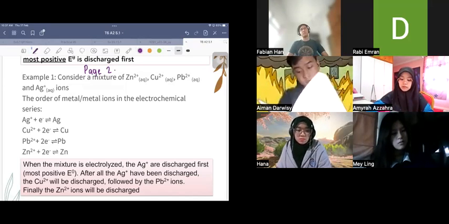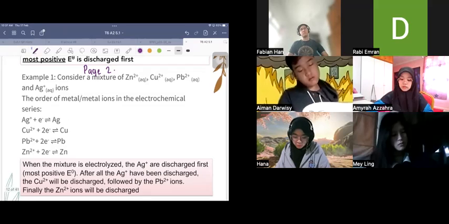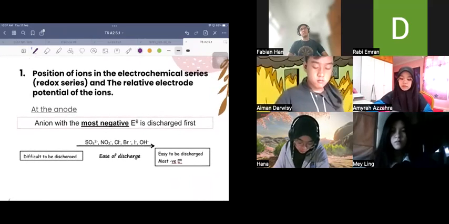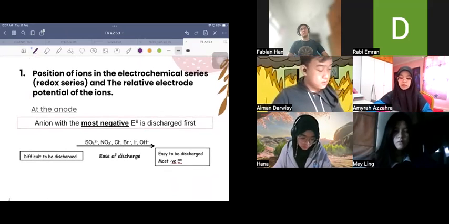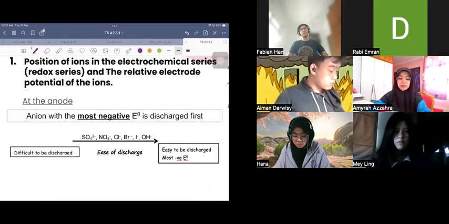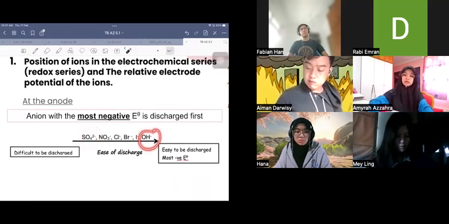Okay, so that's for your positive ions, your cations. Your anions will go to the anode, which is the positive terminal. So this is the arrangement from the most difficult to be discharged to the easiest to be discharged.